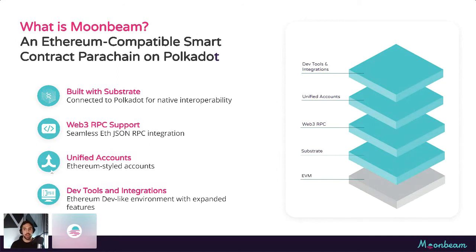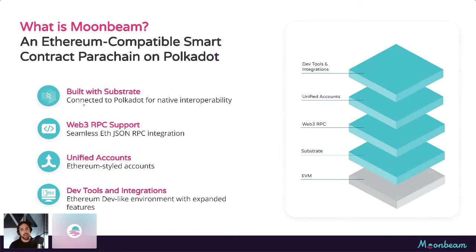On the right-hand side, you see the familiar EVM as a base layer for Ethereum compatibility, but we have added layers of features to provide extended things outside of the EVM layer. For example, the first layer is that we're built with Substrate, which is an SDK to build blockchains that can easily connect to Polkadot.